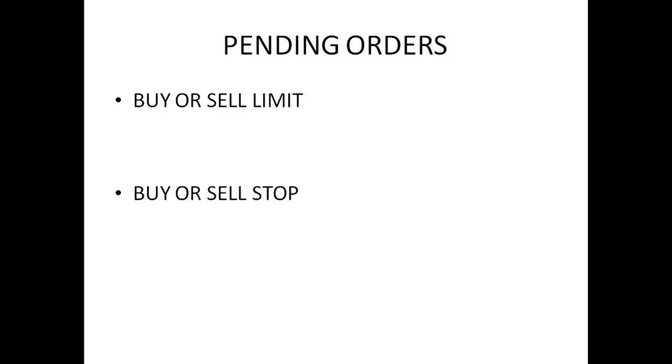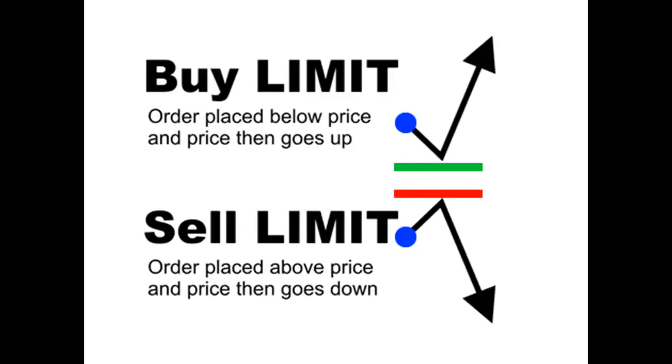So let's look at the first one when it comes to pending orders. We have the buy limit or the sell limit. If you look at the arrow beside the buy limit and the sell limit, it explains what they mean, but let me take my time and explain it in detail for your understanding.